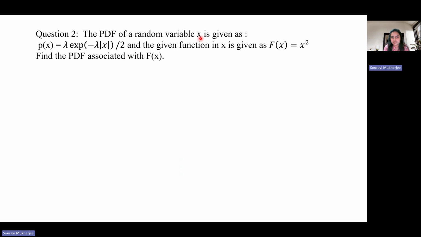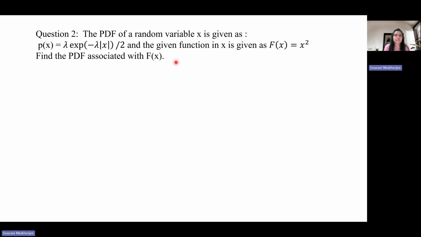So you know the random variable x, and you know the probability density function. Typically when we talk about P of x, we are mostly talking about the density function. Now there is a new function f of x given as x squared, and we want to find the probability density function associated with f of x.